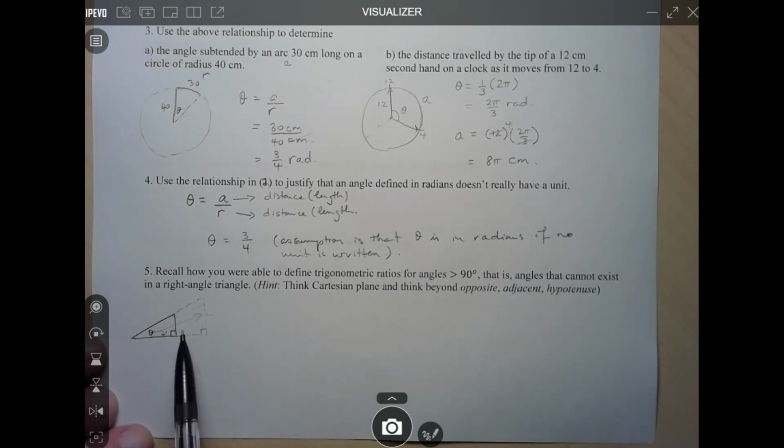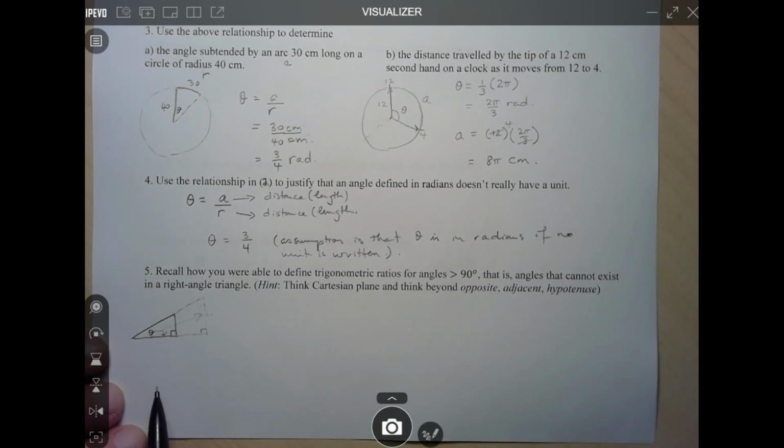Similarly for any other two sides: opposite over hypotenuse, adjacent over hypotenuse, hypotenuse over adjacent if you want to look at secant. The reason why we focus on these ratios is because they depend only on this acute angle. But that means you can only consider angles that are between 0 and 90 degrees.